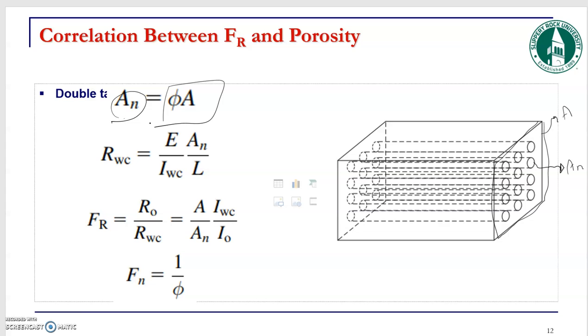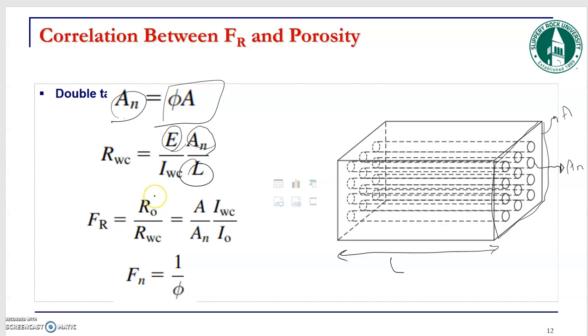So that relationship exists, and the resistivity of your water is, again, the definition we discussed: voltage divided by current multiplied by the cross-sectional area of these tubes, because the brine exists inside these tubes, divided by the length of the core sample.